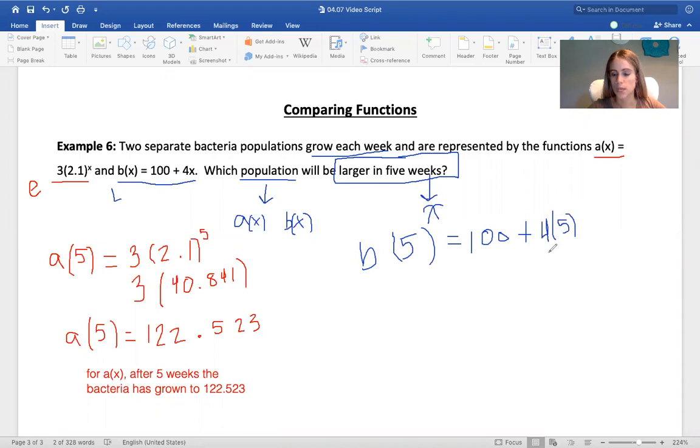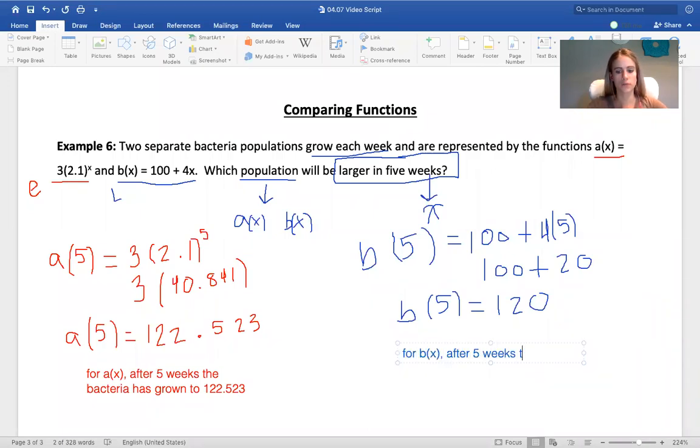All right, start with our multiplication. 4 times 5 is 20. So 100 plus 20. So b of 5 is equal to 120. So in word form, for b of x, after 5 weeks, the bacteria has grown to 120.